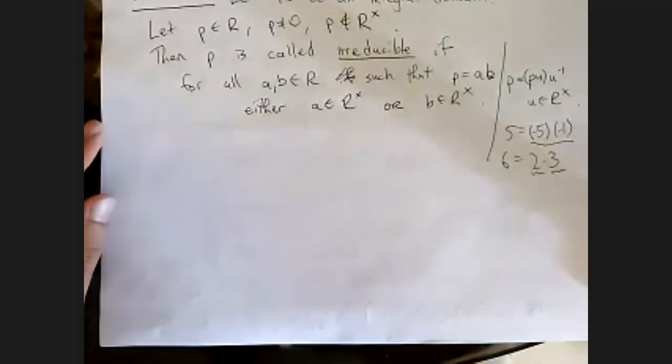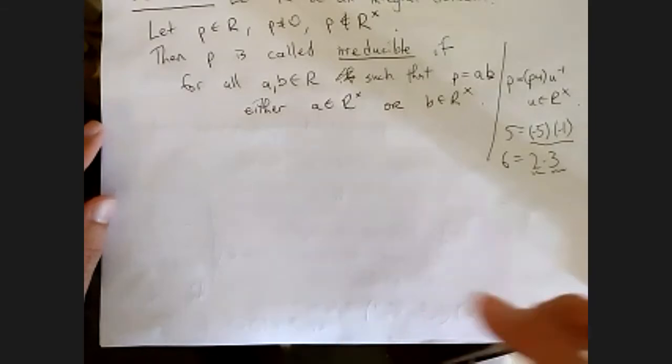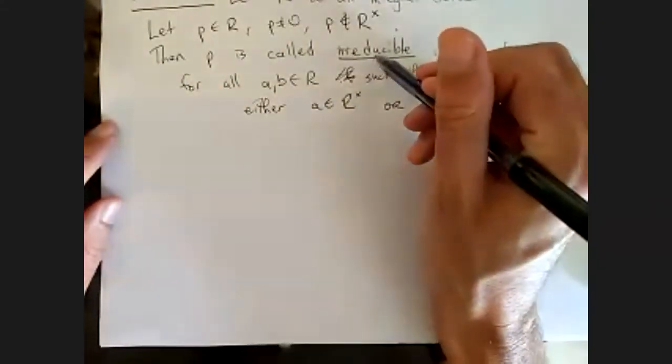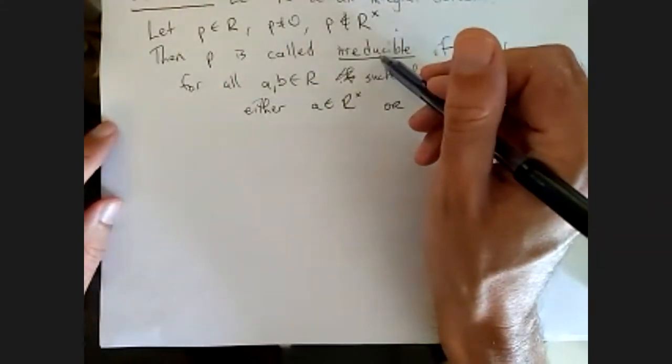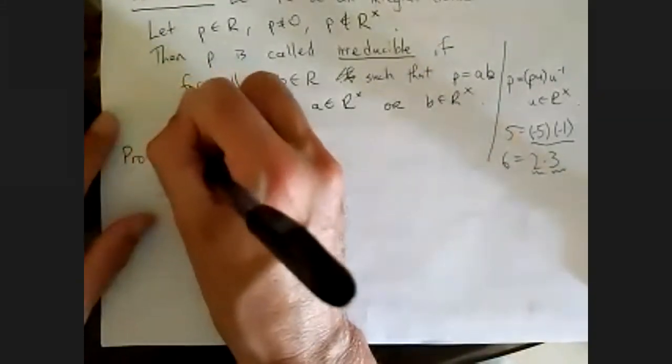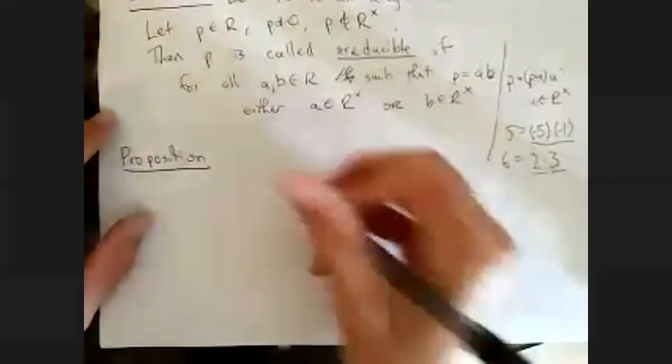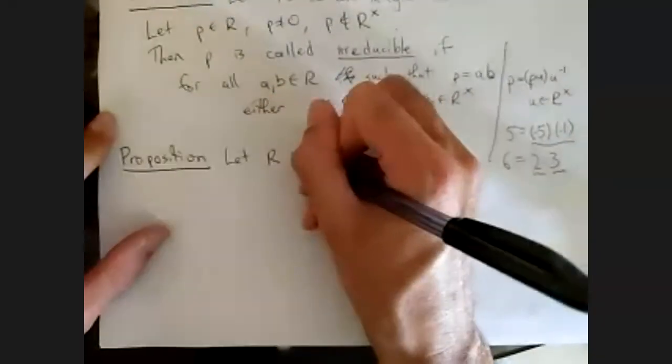And first, we can prove that if we have an integral domain, we want to develop a relationship between irreducible elements and prime ideals. So first we have a proposition. Let R be an integral domain.